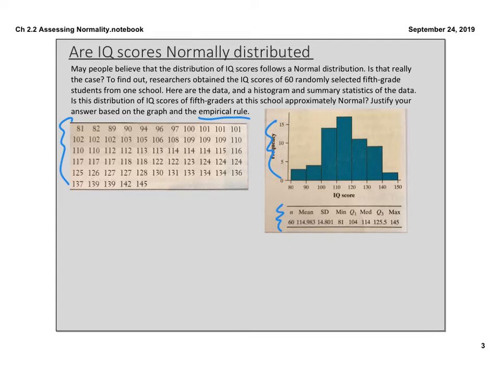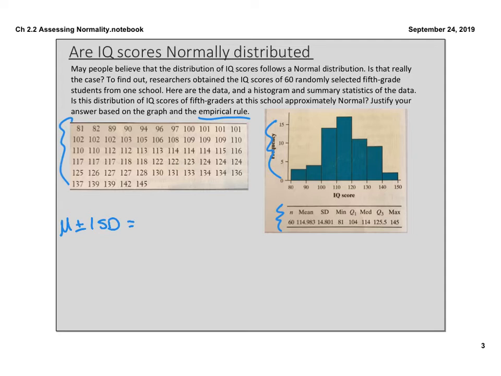So the first thing that I'm going to do is I'm going to look at the mean plus or minus one standard deviation. So mu plus or minus one standard deviation, okay? And let's see how much data fits into that range.